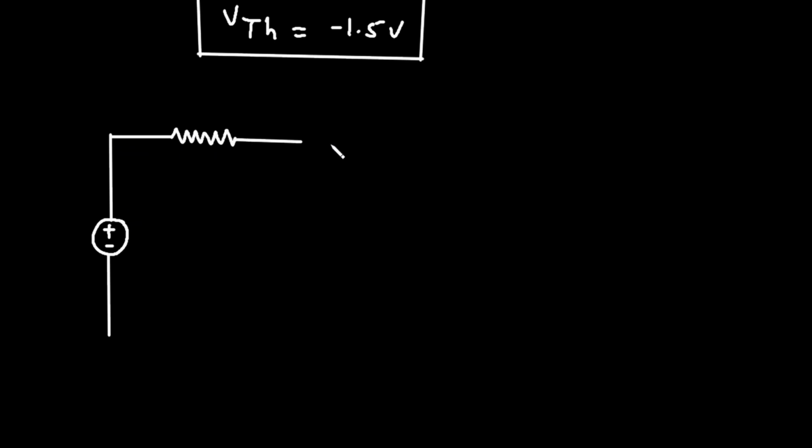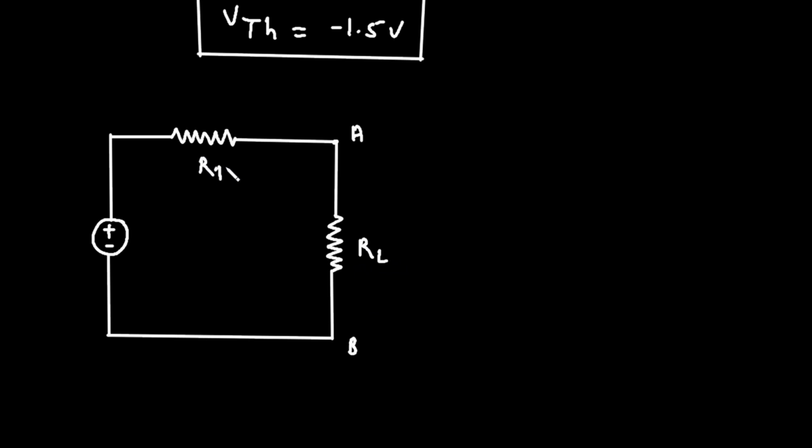This is RTH and this is RL. This is terminal A, this is terminal B. And this circuit is called Thevenin's equivalent circuit.